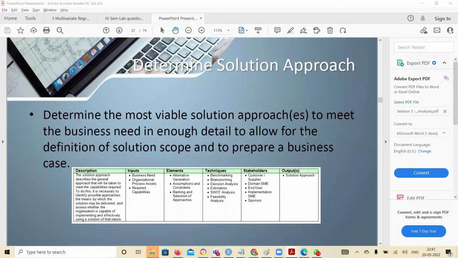Techniques: we know benchmarking, brainstorming, decision analysis, and estimation. So we estimate the cost it will take to implement all the solutions, the benefit from all the solutions, the timeline, and the kind of people that are required.